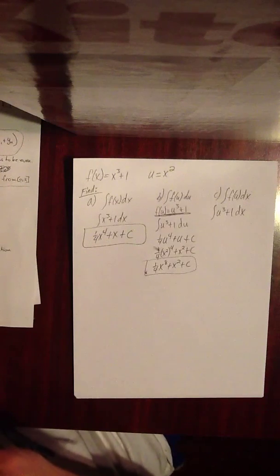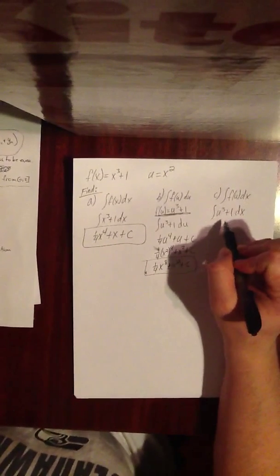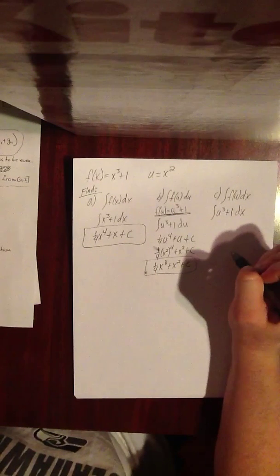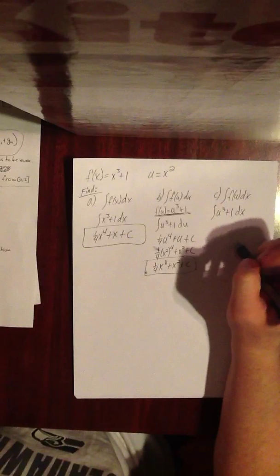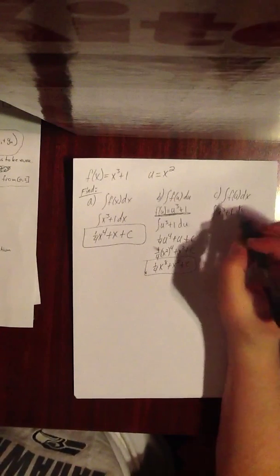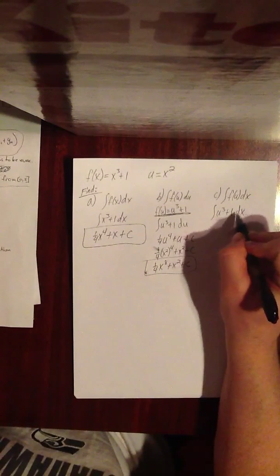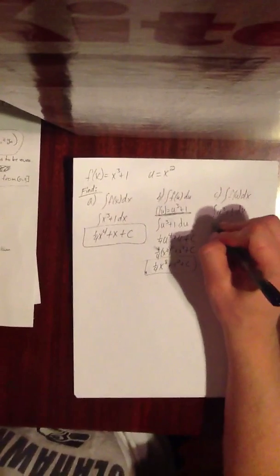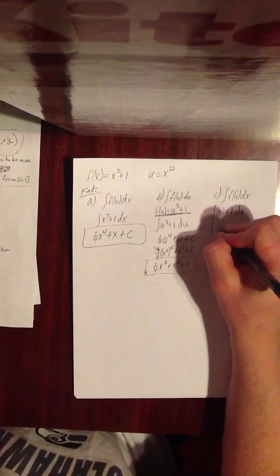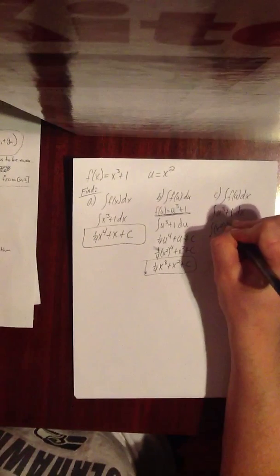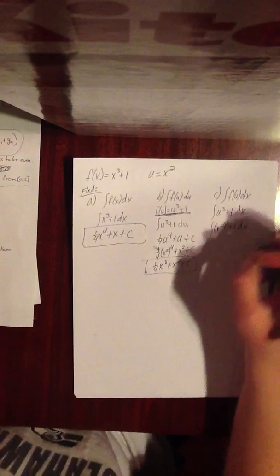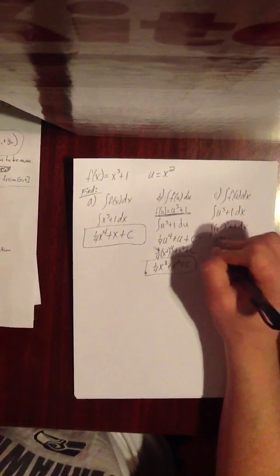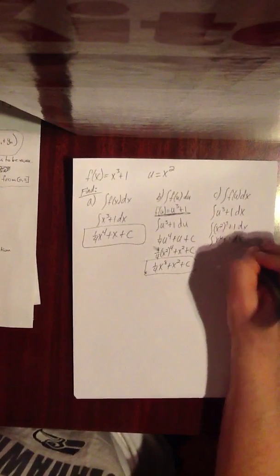So there we go. Notice our letters don't match here. They need to. So what we gotta do is, instead of the u to the 3rd, I don't know what dx is, I don't got that, but I know u is equal to x squared, so I'm actually going to do the integral of x squared to the 3rd plus 1 dx. X squared to the 3rd is x to the 6th plus 1 dx.